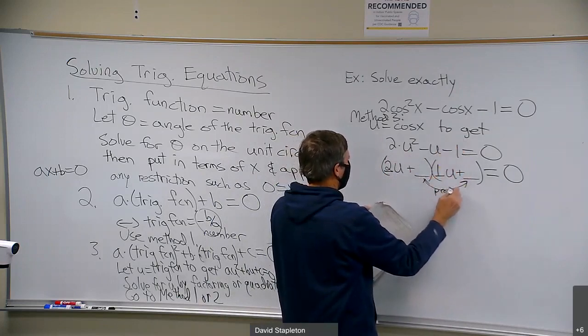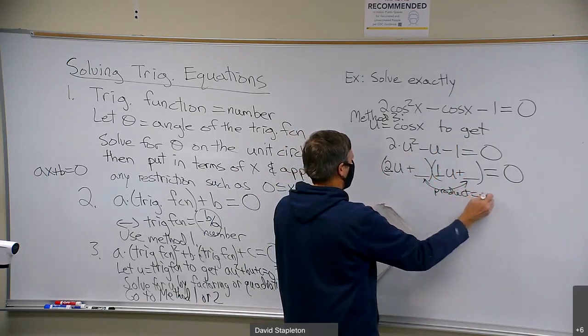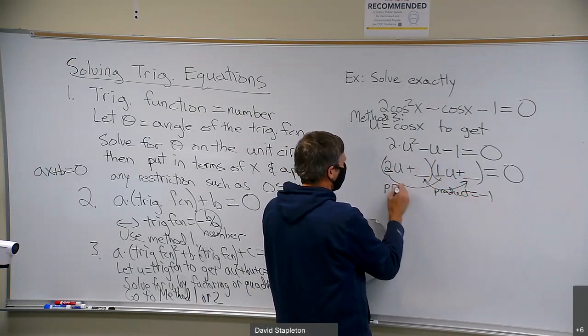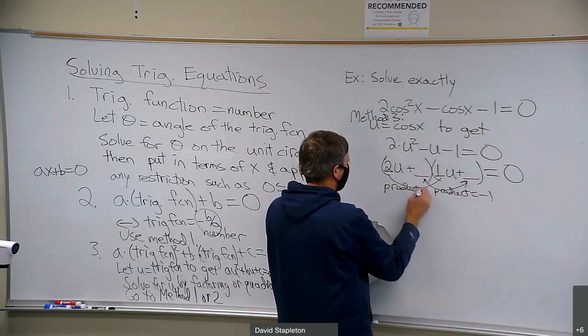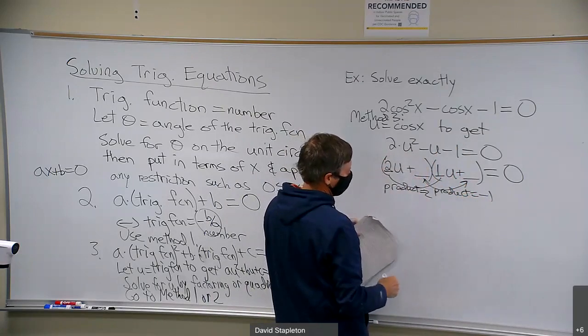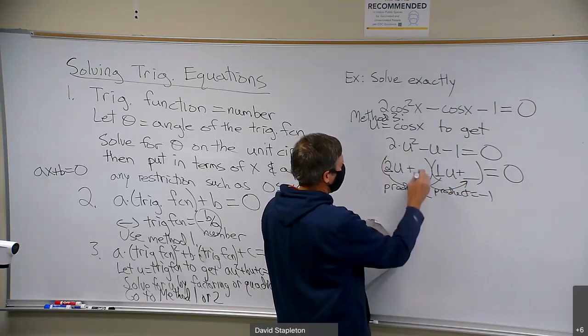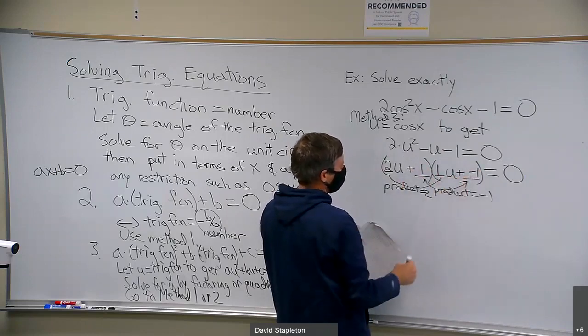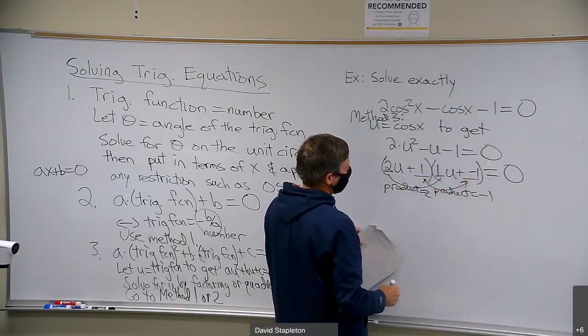Product equals minus 1. The product of these, so that by FOIL you get this, must be 2 numbers here, and then the u comes out. So I need here 1 and this one minus 1, or here minus 1 and this one 1, if I'm going to guess what goes in the blanks.